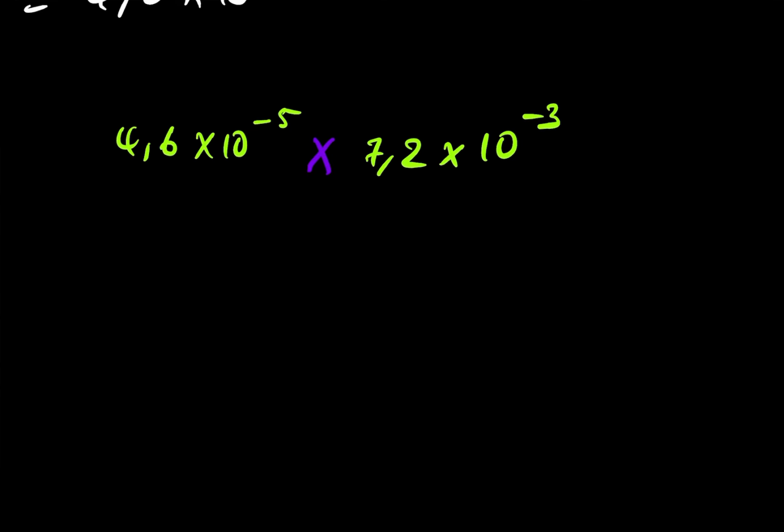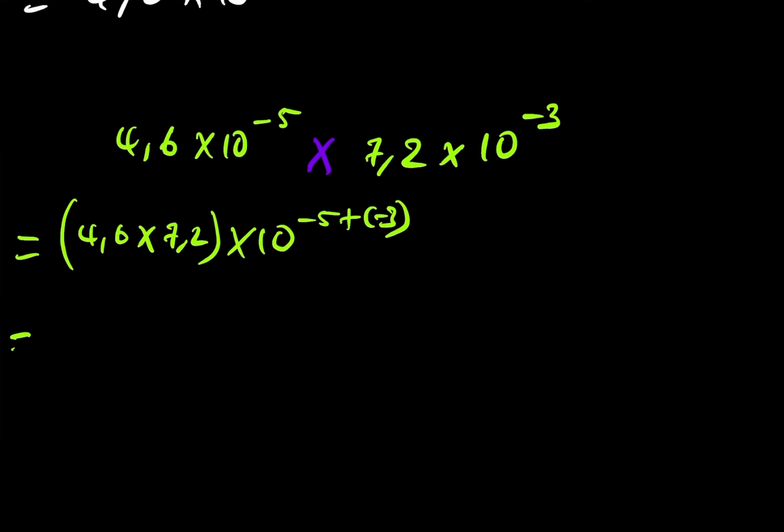Look at this one. We are now multiplying, so you need to add the powers of 10: negative 5 plus negative 3. Now you need to multiply the coefficients, which is 4,6 multiplied by 7,2. So this, as a result, is going to give you this. Just multiply that 4,6 by 7,2. I'm getting 33 here.